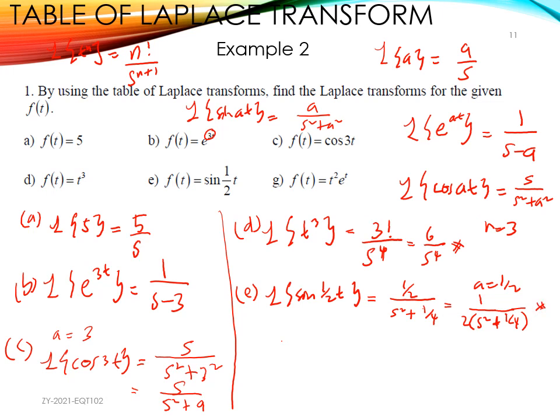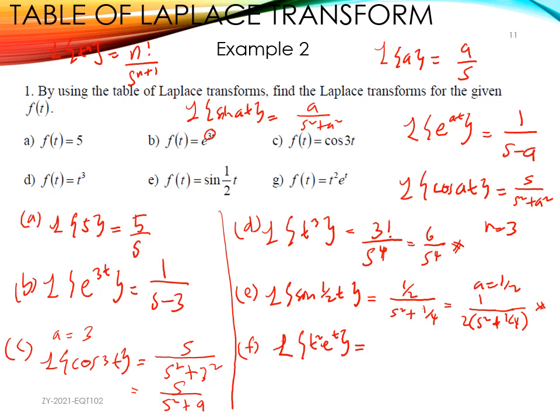How about f? t squared exponent t is also in the table. Laplace of t squared exponent t, from the table: n is 2, so n factorial divided by s minus a to the power n plus 1.